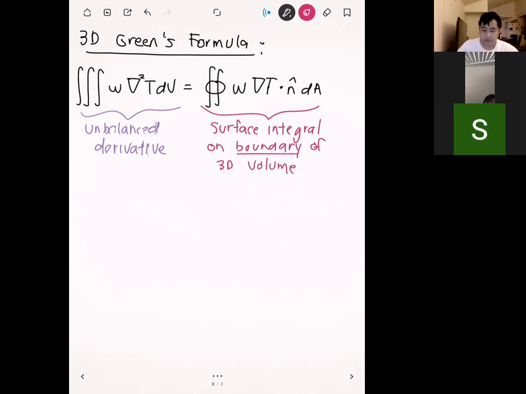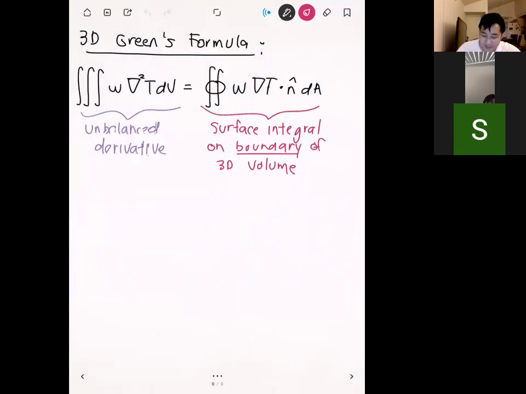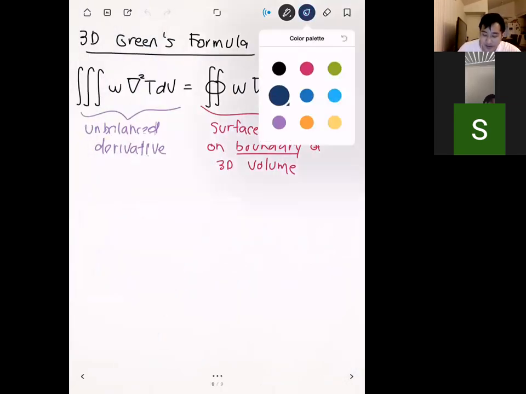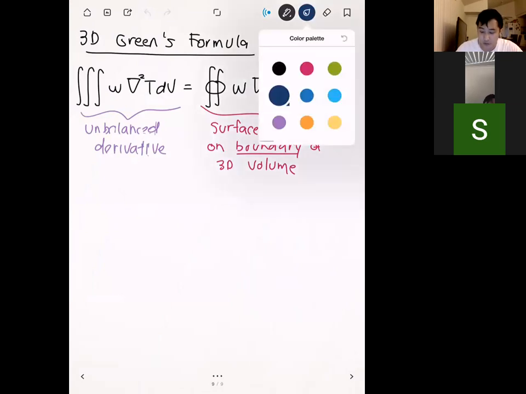I'm using the same color scheme as on the previous page, just to let you know that this is the same as our boundary term. Actually, no, I didn't use the same color scheme. So this should be blue right here. But this term represents a boundary term, right?